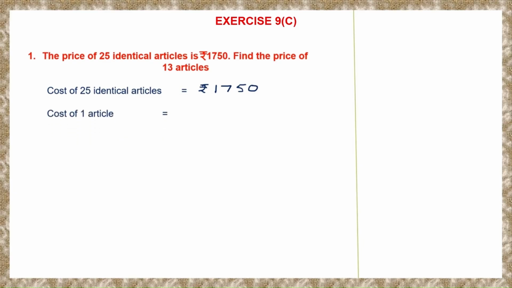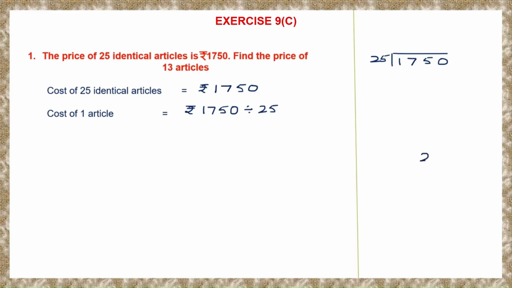To find the cost of one, we need to do division. That is, we will divide rupees 1750 by 25. So when we divide it by 25, we will know the value of one article. So let's begin. 1750 divided by 25.